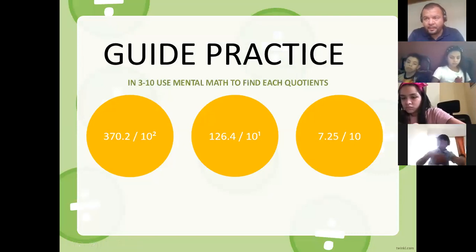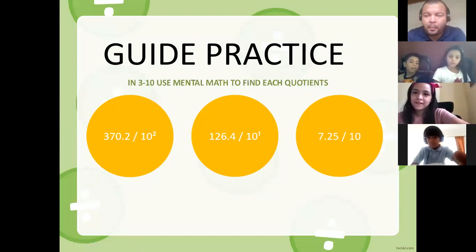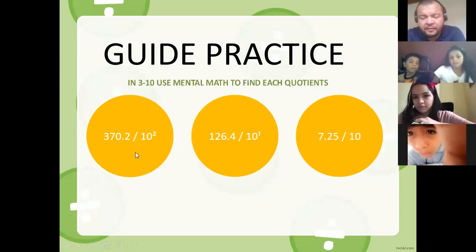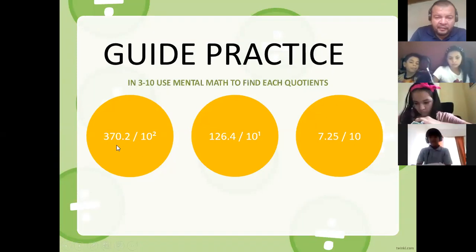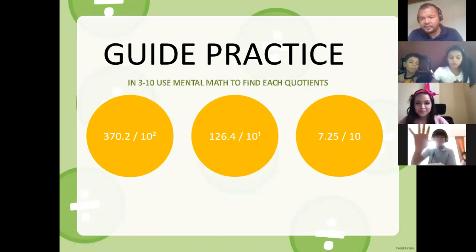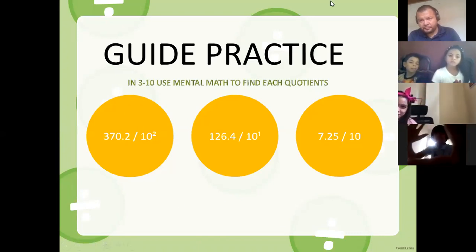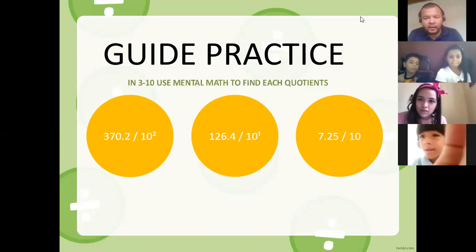For number one, we have 370.2 divided by, this symbol means divisor, okay, it's a division, 370.2 divided by 10 exponent 2. What is the answer? You can write it on the chat.